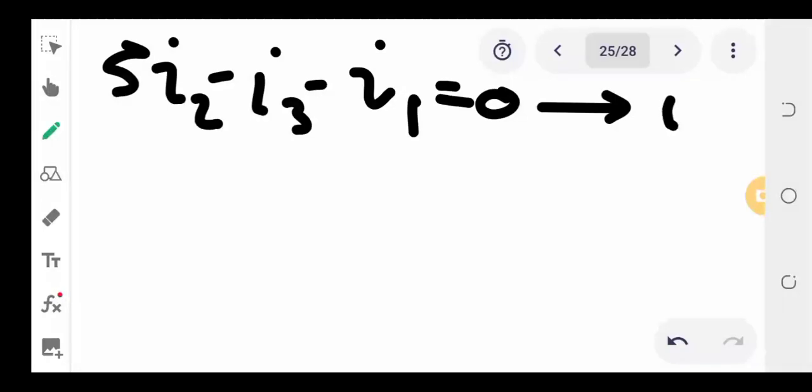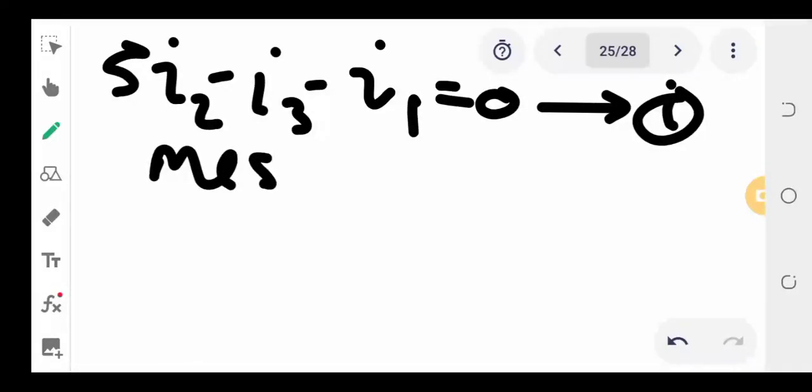So this qualifies to be equation 1. Now we can move to the next equation, to the next mesh. Let us go now to mesh 1.